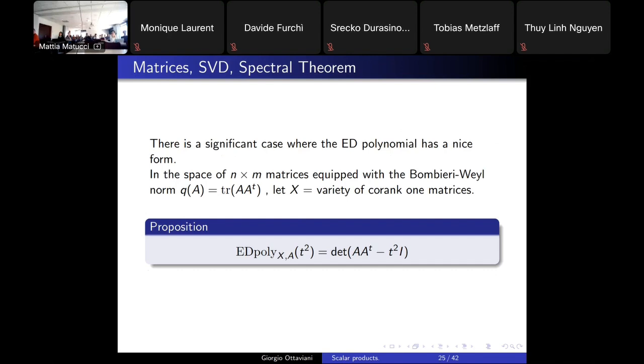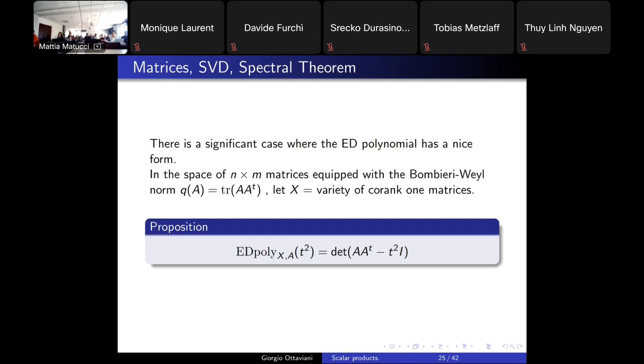It computes exactly the singular values of A. And this becomes symmetric, so always real, which is the only case I know where all the roots are real. So there is a relation with SVD and the spectral theorem, which is quite interesting. This is true for corank 1 matrices. It has this easy form, but almost the same holds in the case of rank 1.